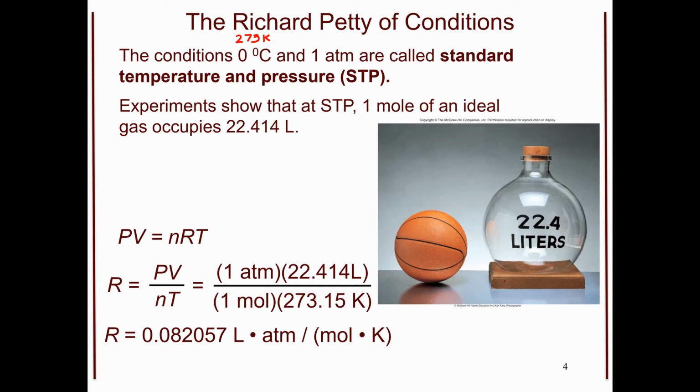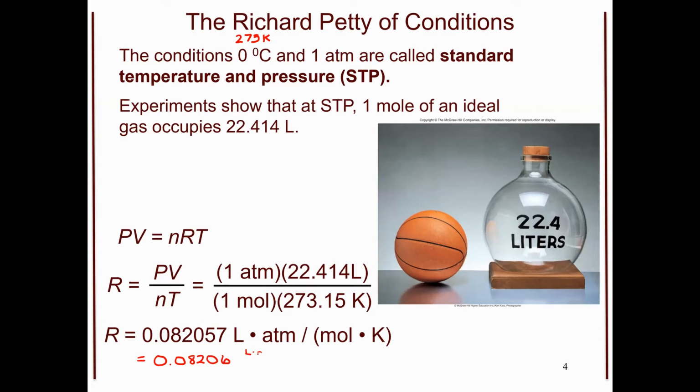So what does that mean for us? Well, that means that we can go and calculate important values using this R equation. For us, we are going to use R as 0.08206.